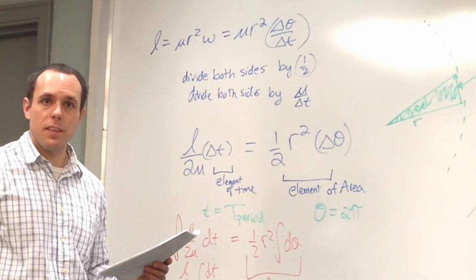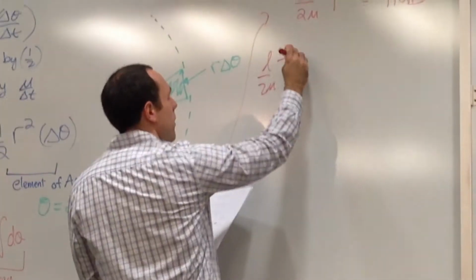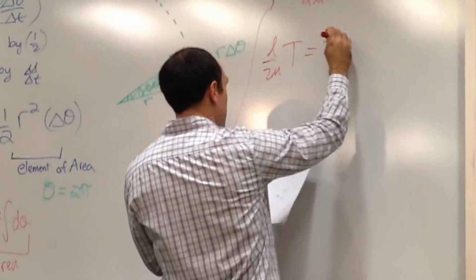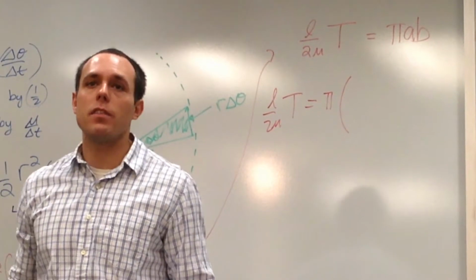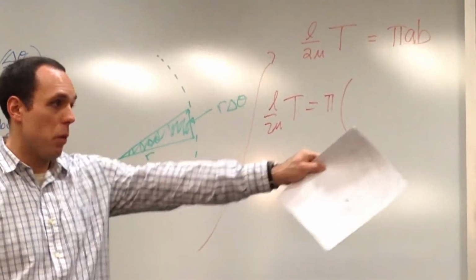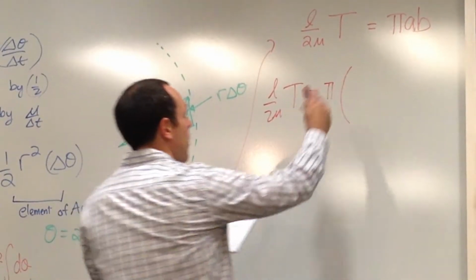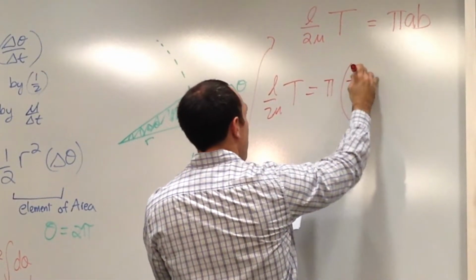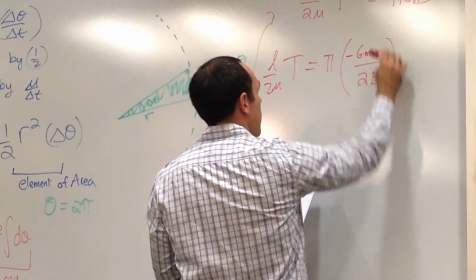Now, for reasons that I cannot explain right now, because it takes too much derivation, what we're going to see is L over 2 mu times the period T is going to be equal to pi A B. Here A, remember, was the length of the semi-major axis of the ellipse, and A is actually given the physical value of -G m1 m2 over 2 times the energy.